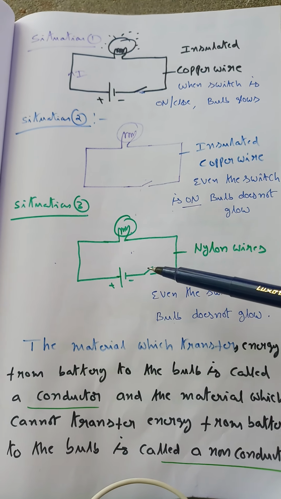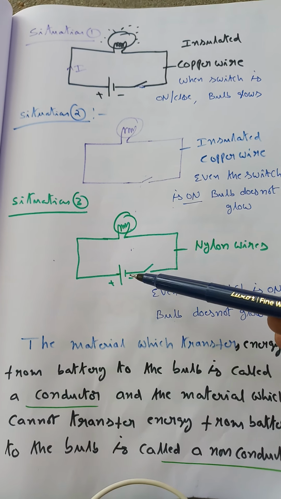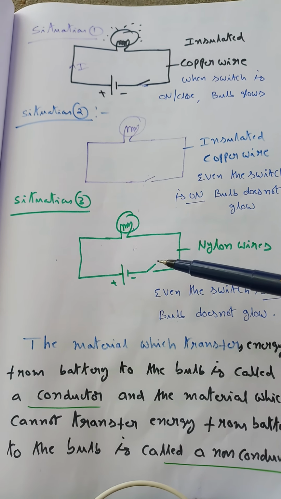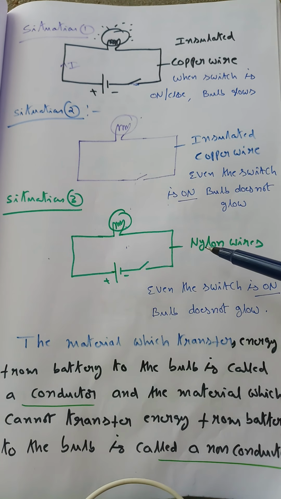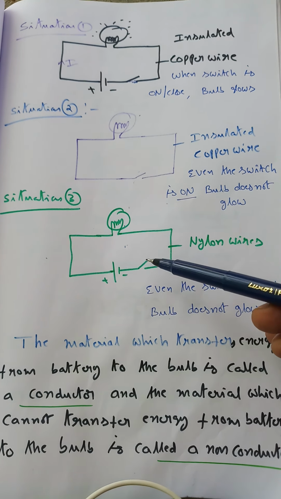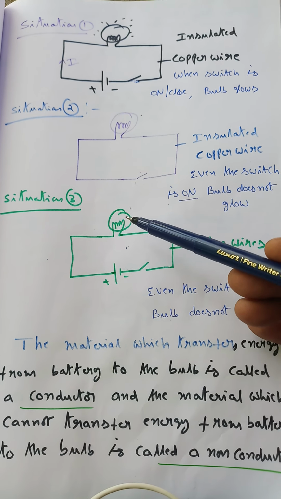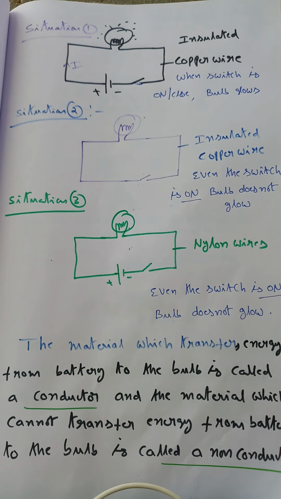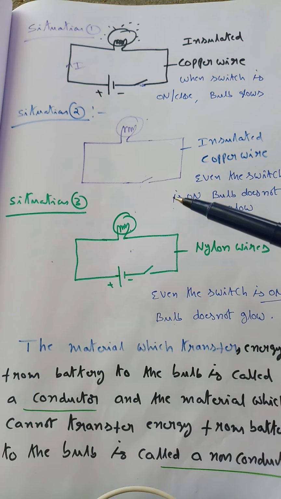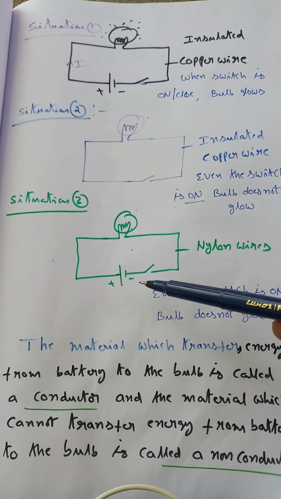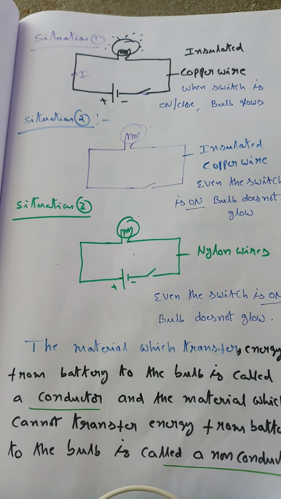So here there is a closed circuit, the switch is closed, there is a source of power, even though the current is not flowing means, we used nylon wires and these wires are not carrying the energy from the battery to the bulb to make it glow. That means these nylon wires are not conducting the electric energy, not conducting the electric current.